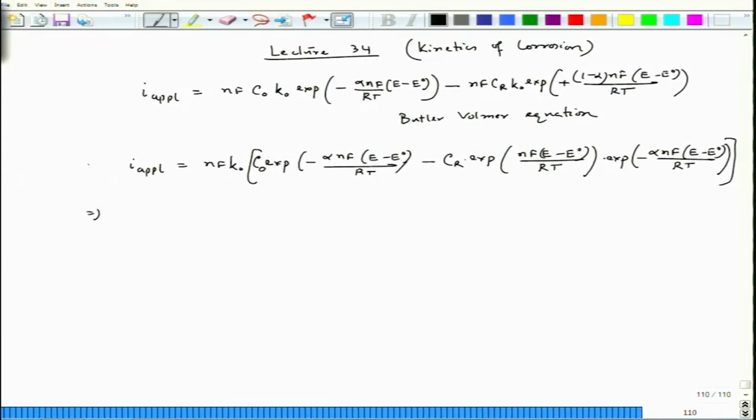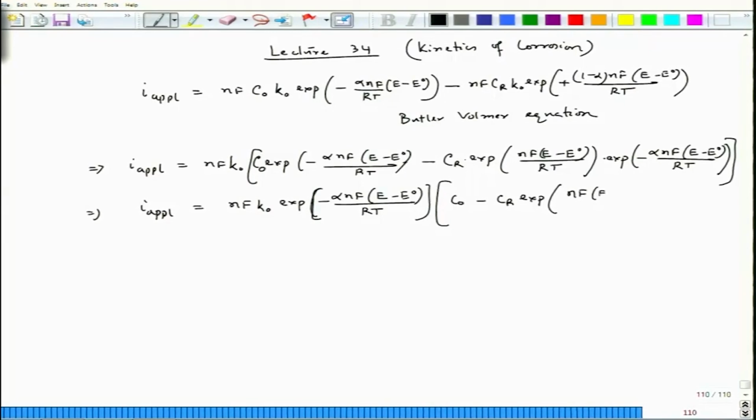Then we can write I applied equal to nF k0 exponential minus alpha nF (E minus E0) divided by RT, into C_O minus C_R exponential nF (E minus E0) by RT.